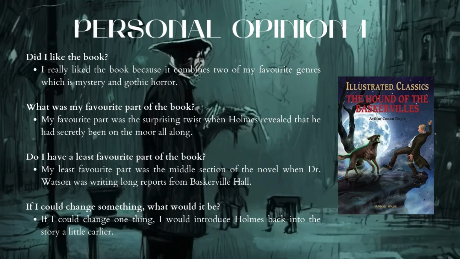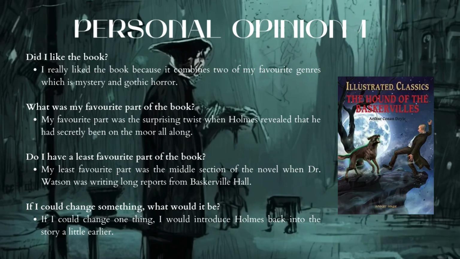The eerie setting of the fog-covered moor, the legend of the supernatural hound, and the logical brilliance of Sherlock Holmes made the story exciting and unpredictable. What makes this book unique is how it keeps readers guessing between the supernatural and the logical. As a mystery fan, I enjoy the challenge of figuring out the truth behind Sir Charles Baskerville's death.